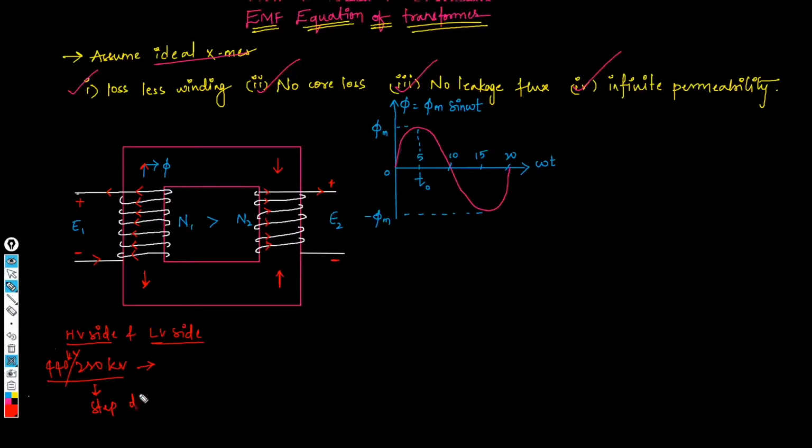Any transformer can be utilized in both ways, acting as a step up transformer and a step down transformer at different times. This same transformer, if you consider the 220 kV side, that is the LV side, as your primary, then it acts as a step up transformer. If you consider the HV side as your primary, then it acts as a step down transformer.